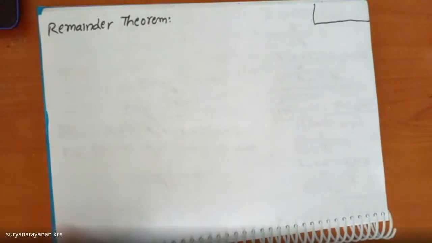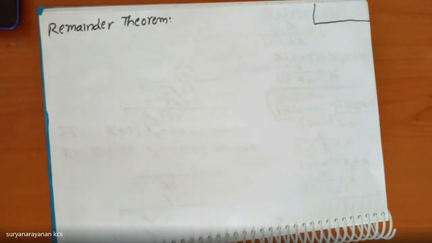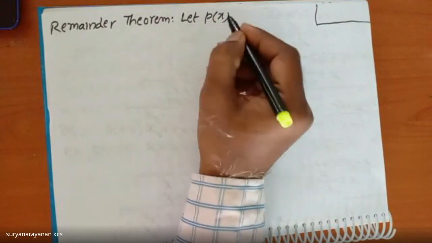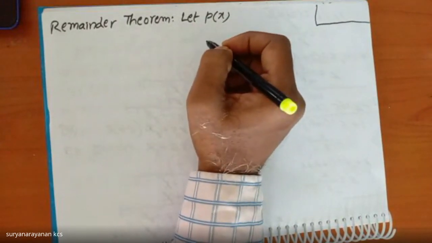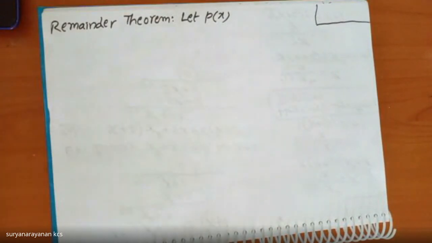Now come to the remainder theorem. Let P of X, I am writing the statement of the theorem. That is also given in the textbook. I am writing the same. I am not changing anything in that theorem statement.